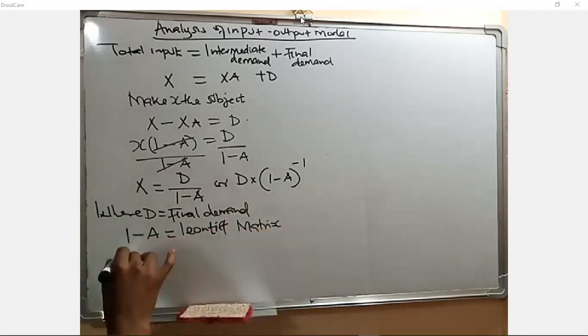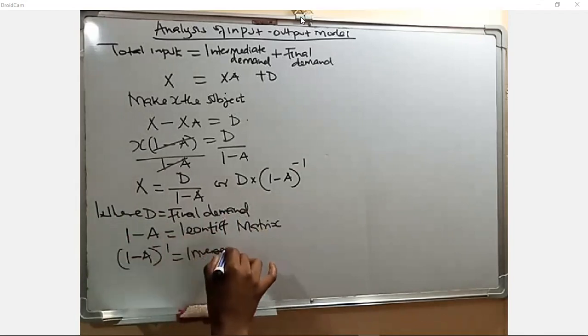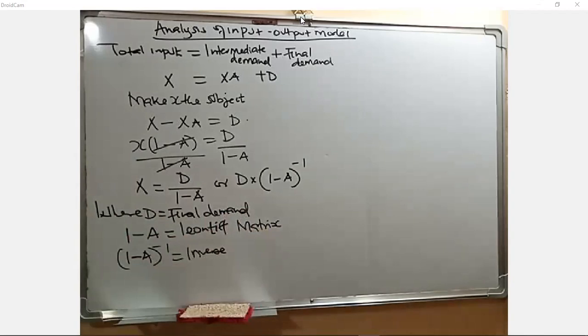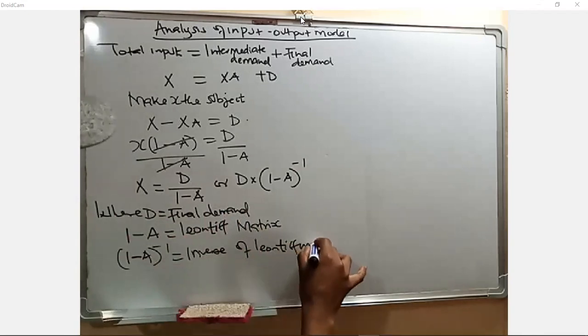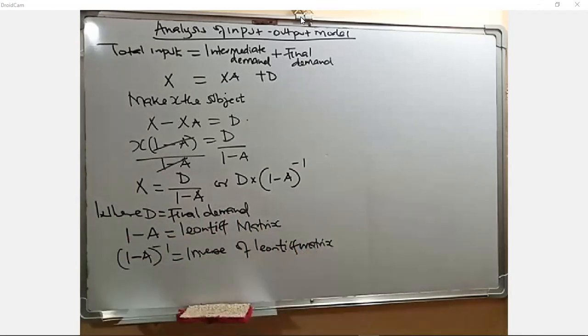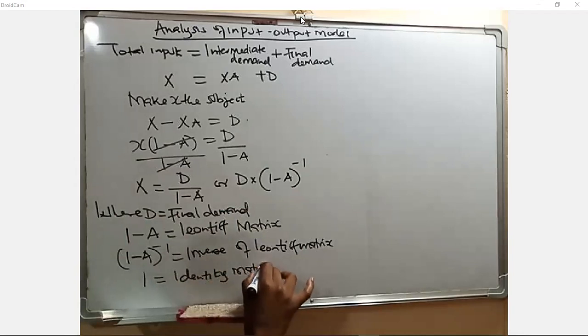But when we have (1 minus A) raised to the power of negative 1, we are talking about the inverse. It is normally called the inverse of the Leontief matrix. We also have I, which we normally call the identity matrix.